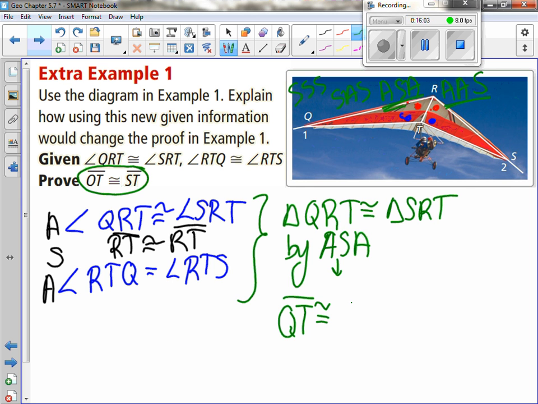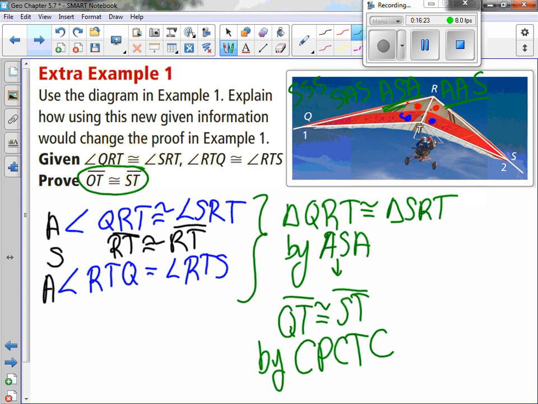QT is congruent to ST by CPCTC. Corresponding parts of congruent triangles are congruent. Because once we're able to say that the two triangles are congruent, we can say any of the parts of those congruent triangles are congruent as well. Because again, the corresponding parts of congruent triangles are congruent.